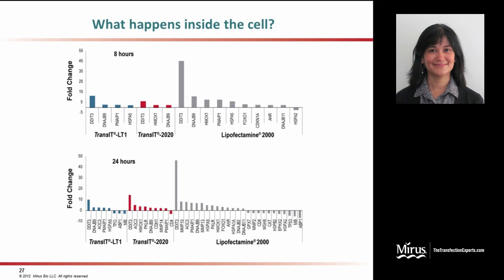Expression of more than 9 and more than 25 transcripts were altered by Lipofectamine 2000 transfection at 8 and 24 hours respectively. Compared to this, very few genes, only 3 and 9 respectively at the 8-hour and 24-hour time point, were affected by cells that were transfected using the Transit LT1 and Transit 2020 complexes.